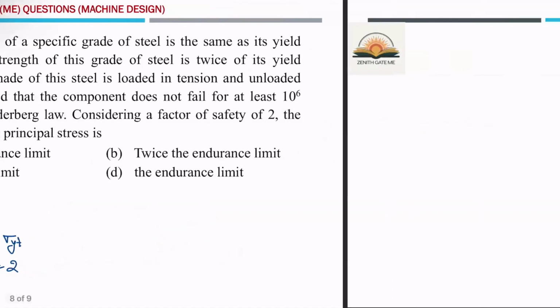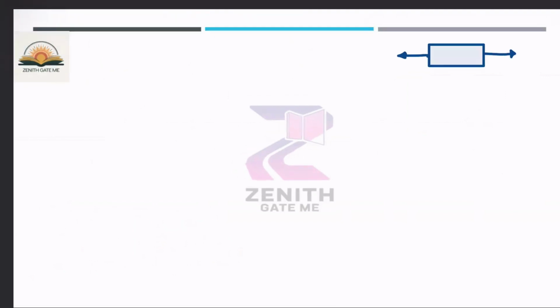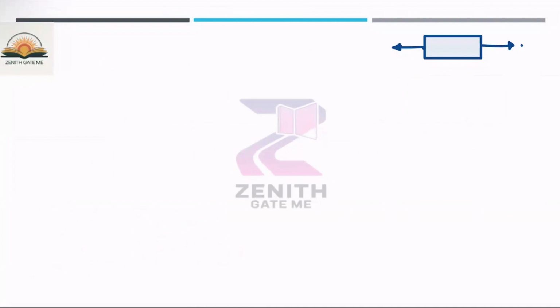Now, what is the case? Actually, this is basically, let us suppose, a member or component which is subjected to a load. Let us suppose the tensile load is increasing from 0 to sigma. That means you are applying the load value sigma. Okay. Then you are unloading it to 0. That means the maximum value of the stress in this case will be sigma. And what is the minimum value of stress?